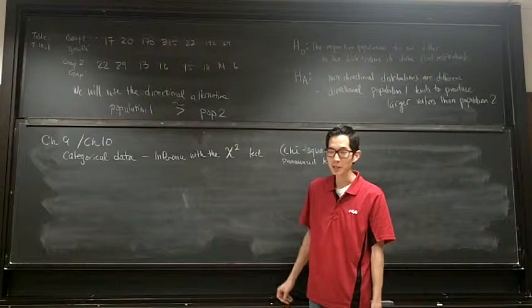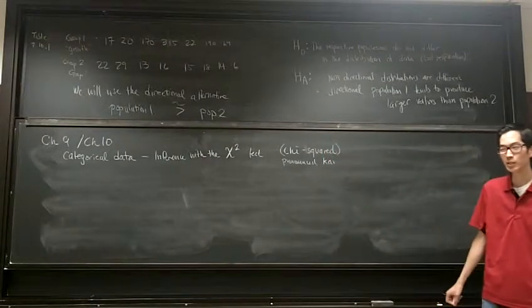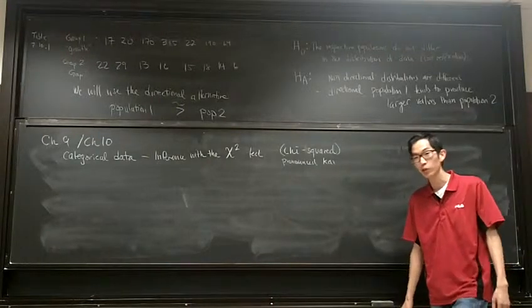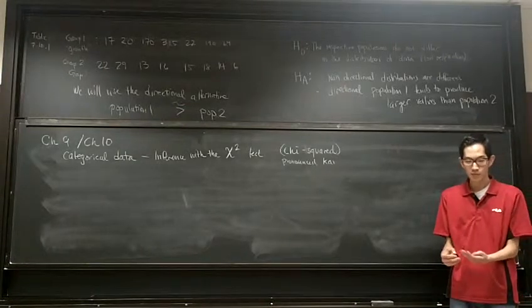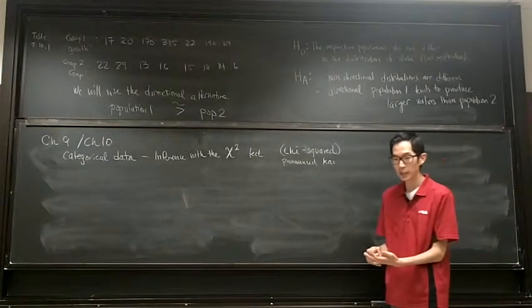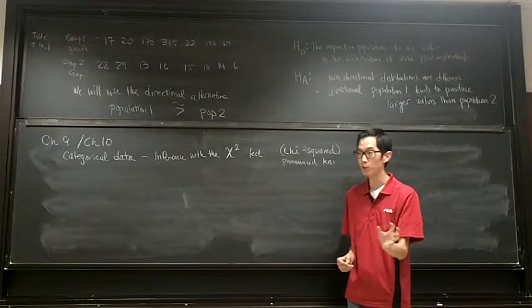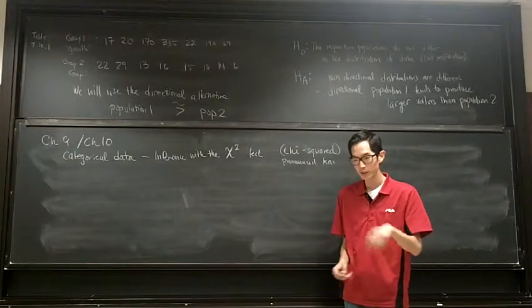You guys know what I'm talking about? Dealing with probability issues for categorical data came up when we were dealing with the binomial distribution. In the binomial distribution, we're dealing with a count, but for a categorical variable that produces either a yes or a no, a success or a failure.